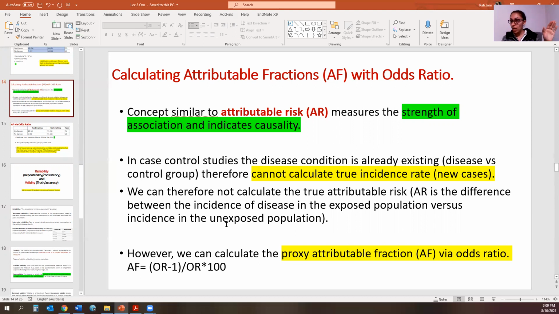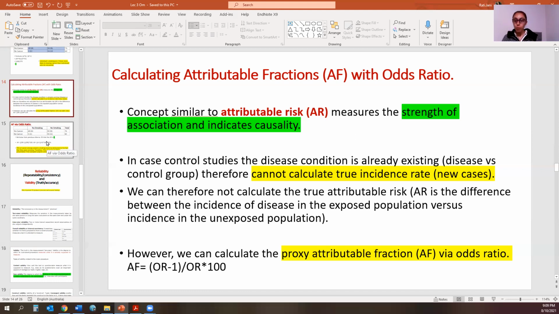Of course, I'm not going to go into that. But if you are interested, look up biostatistics textbooks to understand the rationale for this formula to calculate attributable fractions with odds ratio. So in case you're interested.